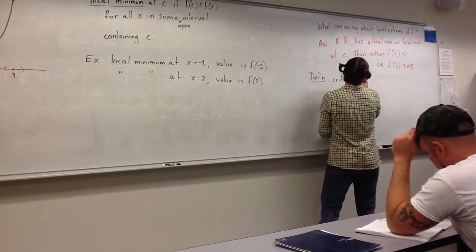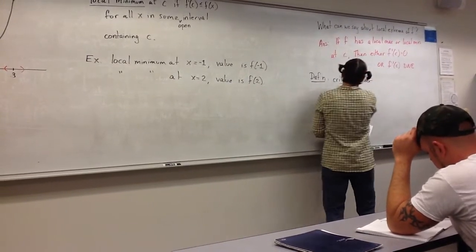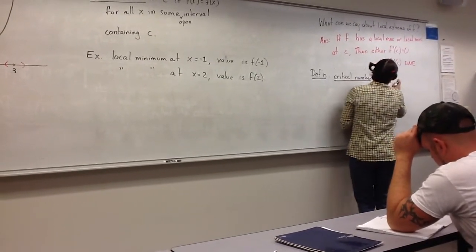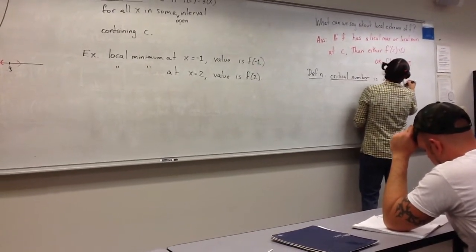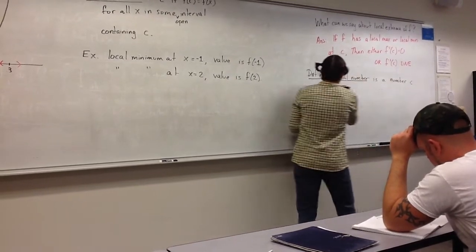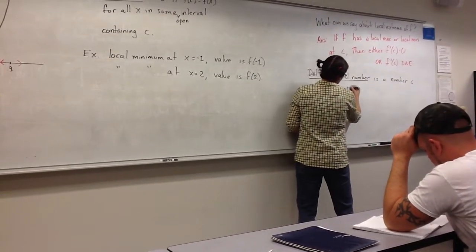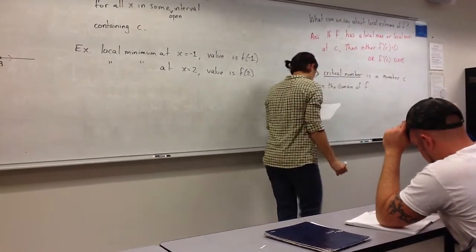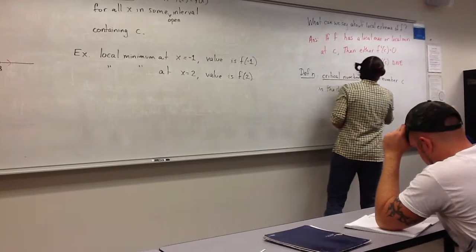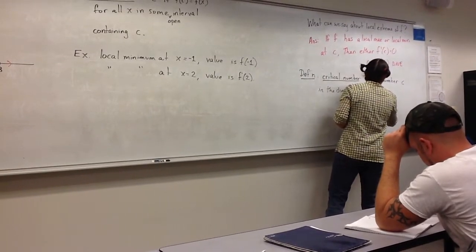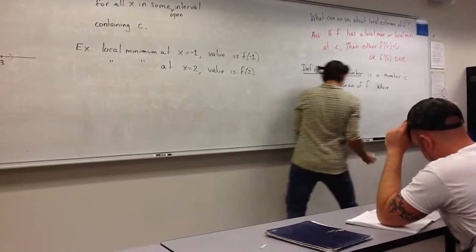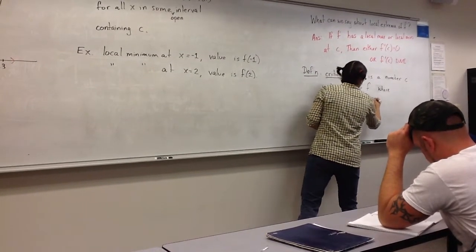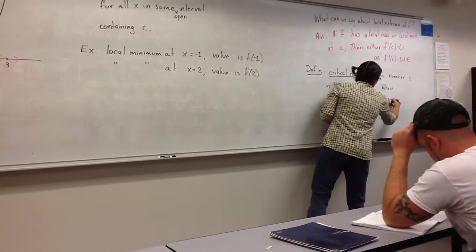A critical number is a number c in the domain of our function f where f prime of c is equal to 0 or f prime of c does not exist.